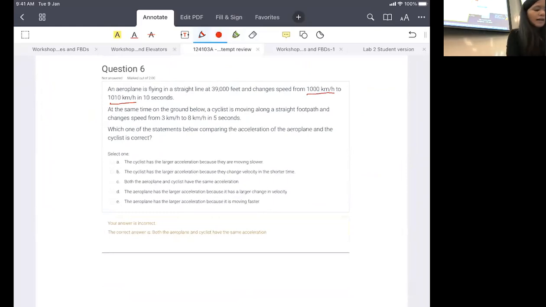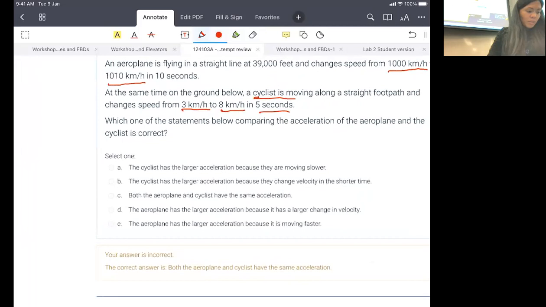Below, there's a cyclist who is initially moving at 3 kilometers per hour, and then also changes speed, going to 8 kilometers per hour in 5 seconds. Based on that scenario, you're asked to select which one is correct. Maybe I'll make that a bit bigger.